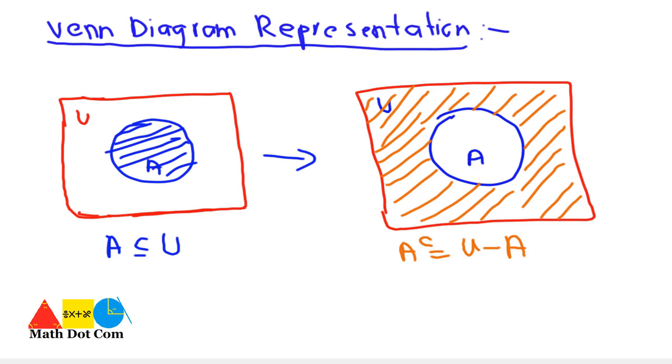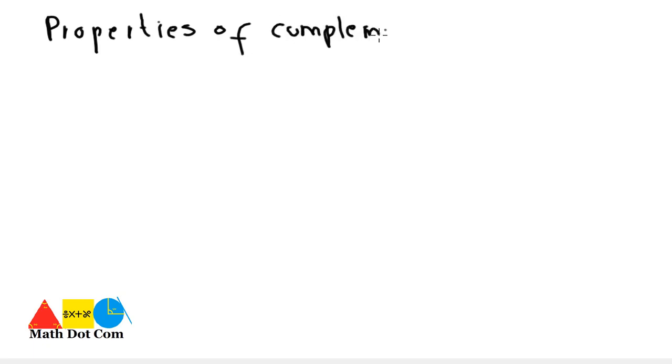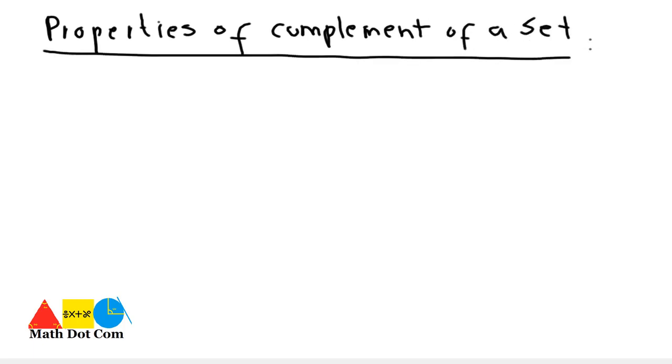Let's have a few properties of complement of a set. Then we will move towards the example. Let's see what are the important properties, one by one.